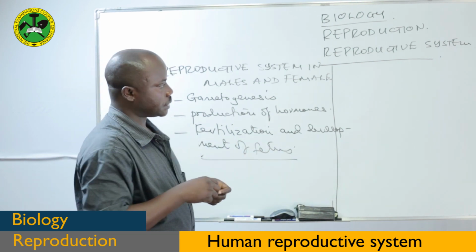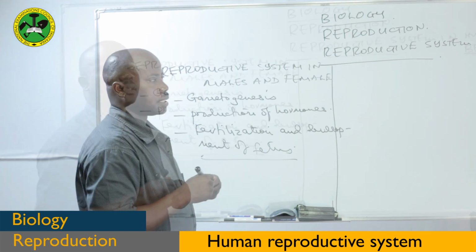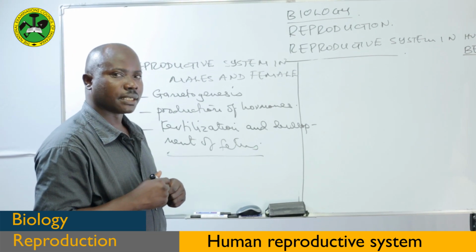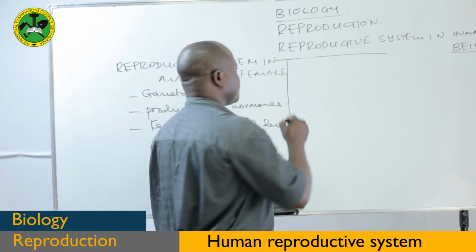these are general functions which the reproductive systems perform. To start with, let us see the structure of the female reproductive system.